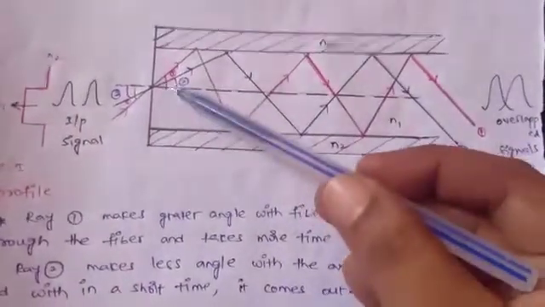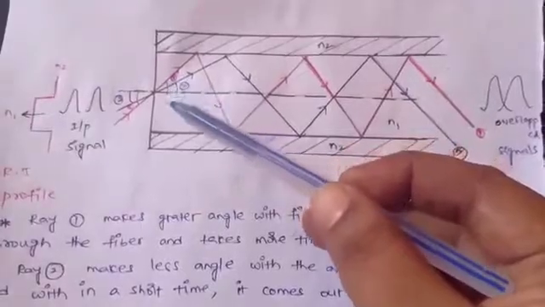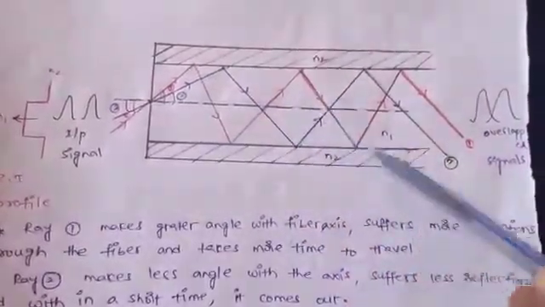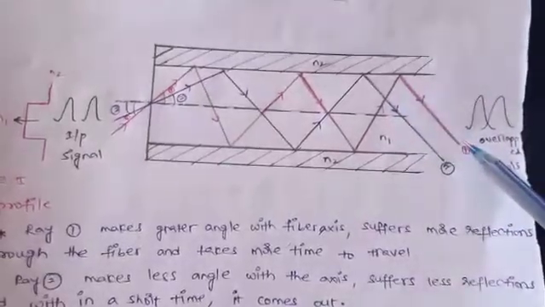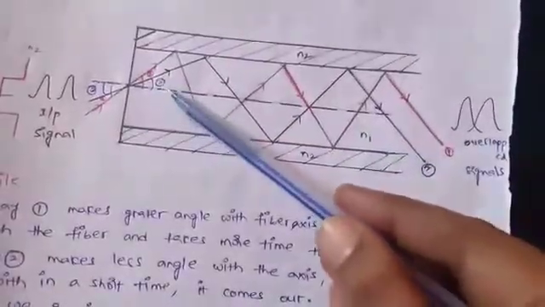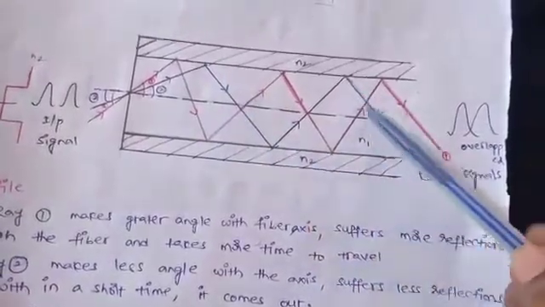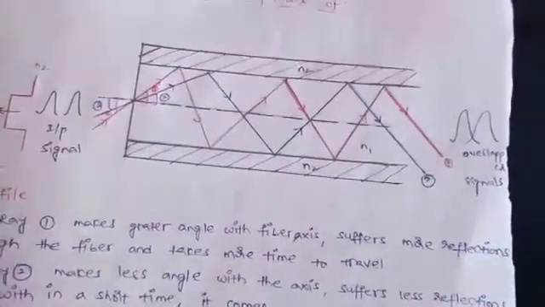So by clear observation we can easily say that two rays never come at a time, because the ray 1 which is incident with greater angle suffers more number of total internal reflections. The ray which is incident with lesser angle suffers less number of reflections. So compare this diagram.